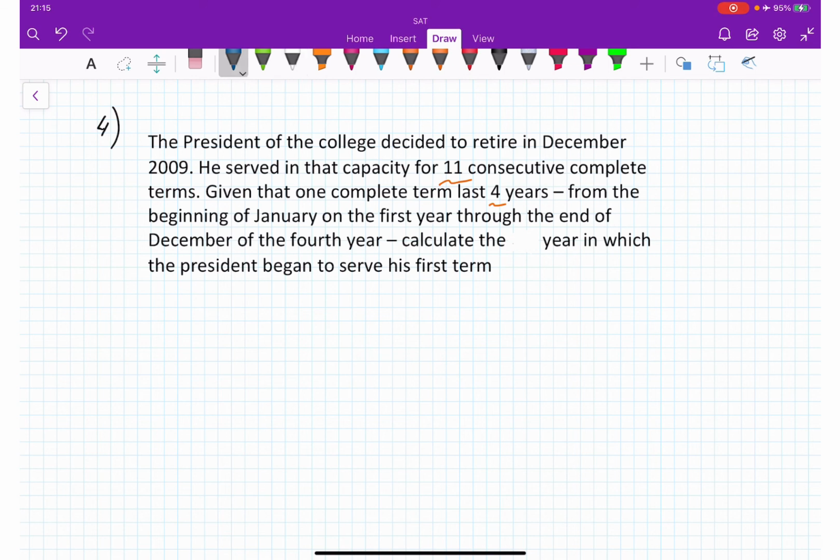Okay, 11 terms at 4 years per term. Let me write this way: 11 terms and 4 years per each term.